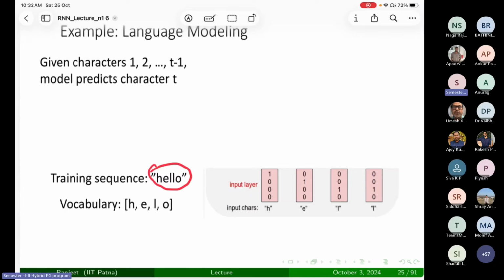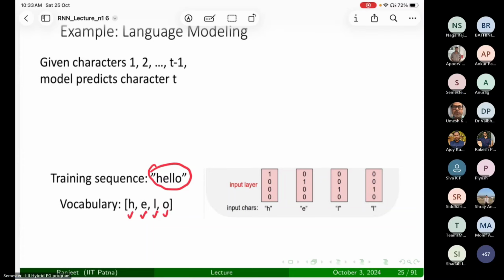In general we'll not work on the character level. In this hello we have different characters, so just find the distinct characters: h, e, l, o. These are our vocabulary.